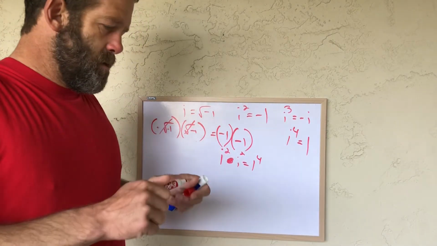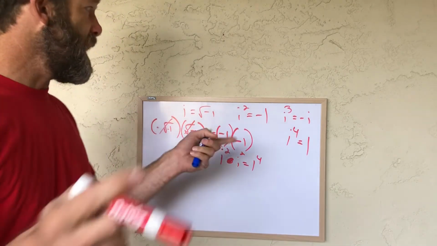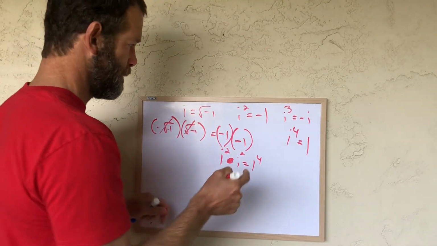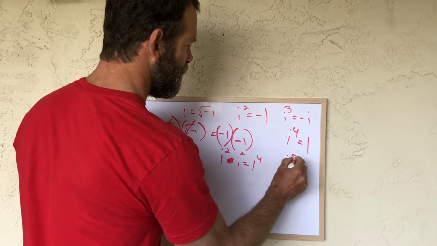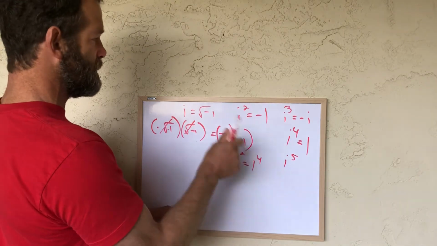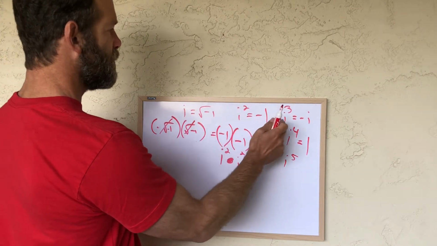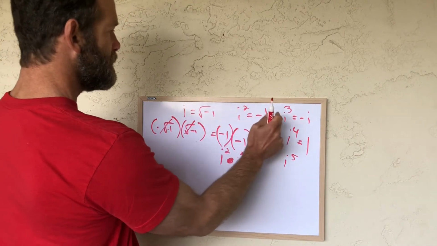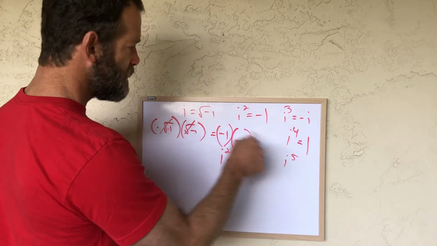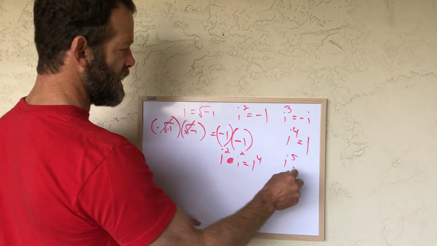Now, i to the fifth actually repeats. It goes in increments of 4. i to the fifth is the same thing as i to the first. It goes i to the first, second, third, fourth, fifth, sixth, seventh, eighth, 9, 10, 11, 12. Look, i to the fifth is equal to the square root of -1.